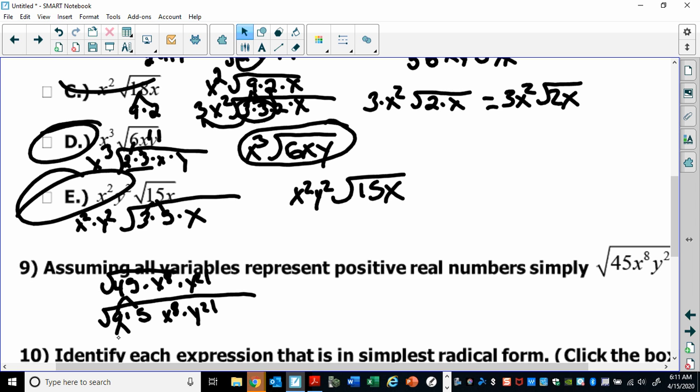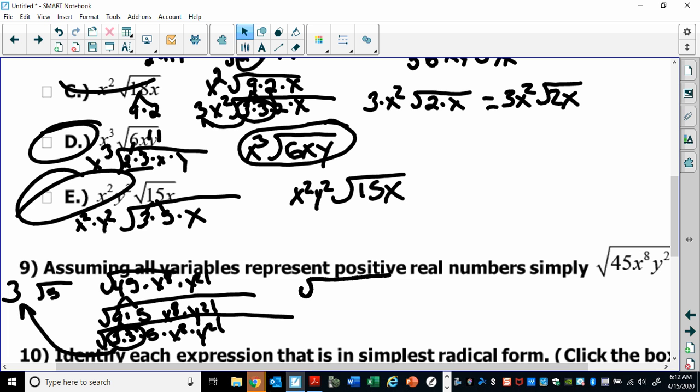You can break down 9, so it's going to be 3 times 3 times 5 times x to the 8th, and then y to the 21st. So you're going to break these down individually. I do see a group of 2, so that 3 is going to come out. So we're going to have 3 times the square root of 5, right? Because there's only one 5, so that 5 is going to stay. So now let's do x to the 8th.